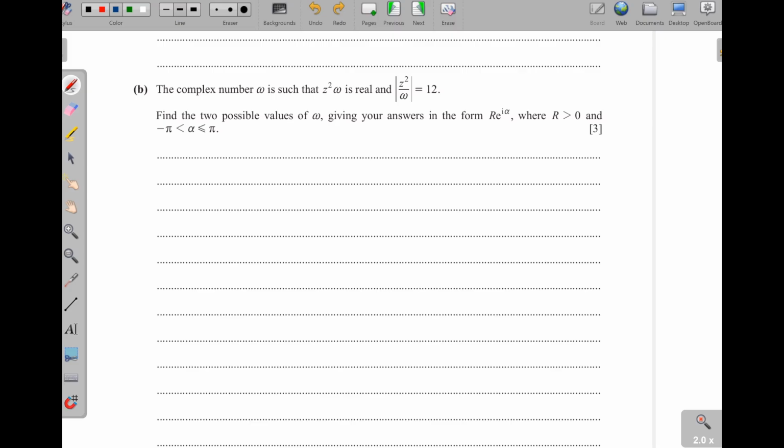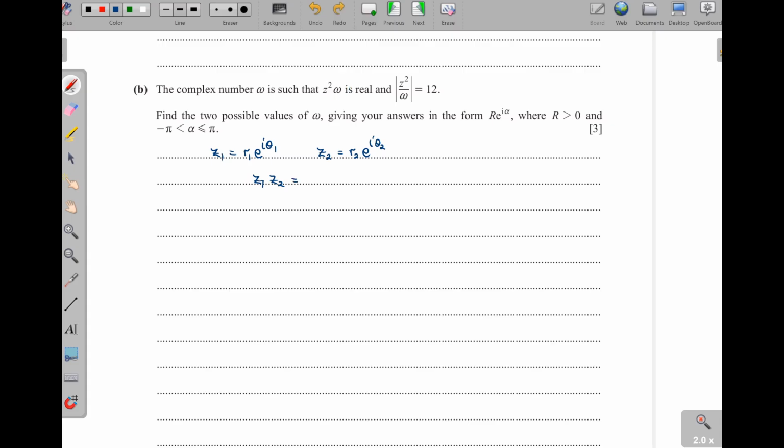Now there is something I want you to know. If I have, let's say, z1, which is equal to r1 e to the power of i theta 1, and we also have z2 that is equal to r2 e to the power of i theta 2, then I get z1 times z2, because here I'm seeing a multiplication.